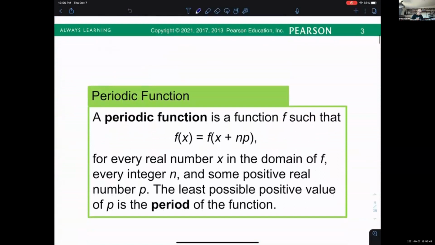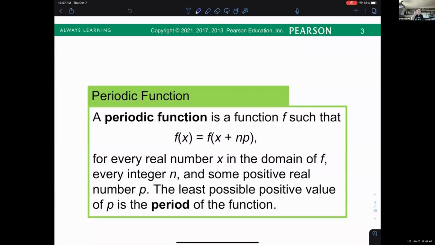So they try to define that in a box, which is mathematically not super helpful. A periodic function is a function f such that the value of the function at x is exactly the same as the value of the function at x plus n times p, where p is some change in x over which the function repeats. And that's called the period of the function.